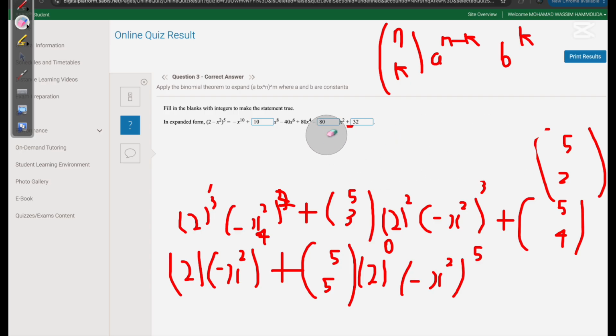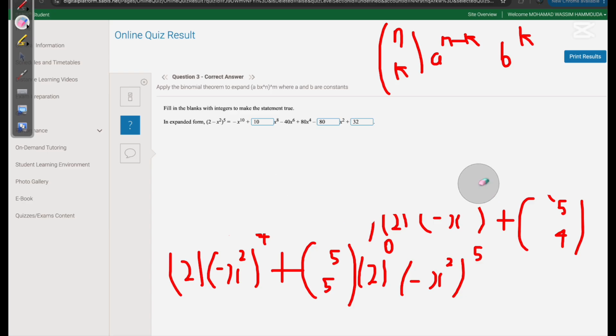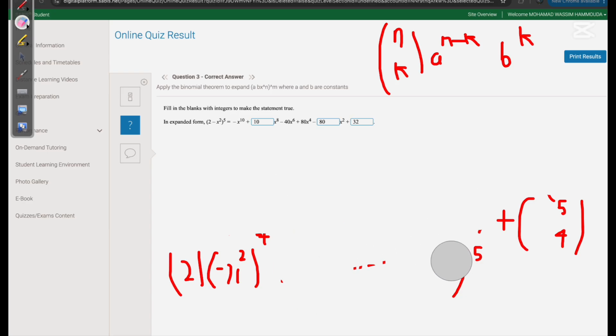They don't want when k is 2 or when k is 3. So k is 2, k is 3 out, and again when k is 5 they don't want. So they just want 5c4, which is equal to 5. So 5 times 2, which is 10, times negative x squared to the 4, which is 10x to the 8.